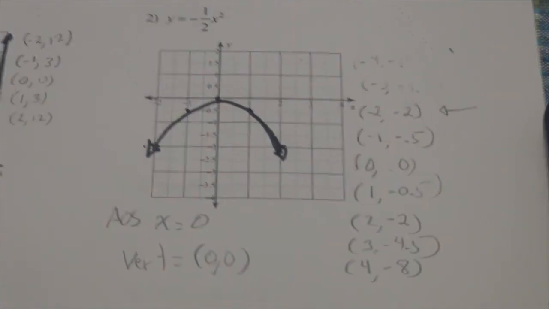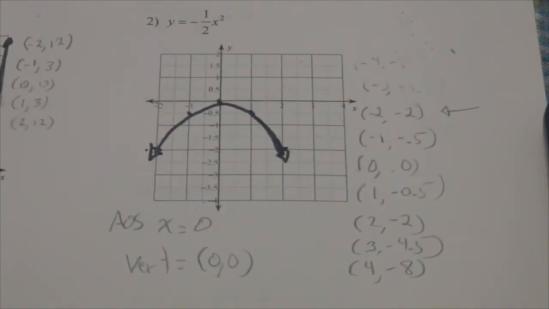Basically this is graphing parabolas. We talked about the axis of symmetry. We talked about how to find the vertex. So that's it for graphing these.